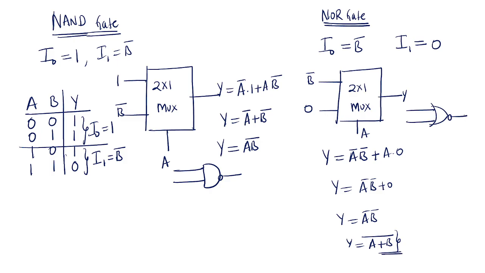XOR gate. I naught equal to B, I1 equal to B bar.